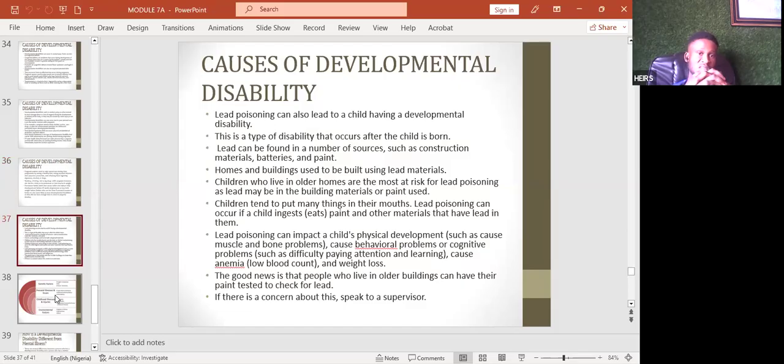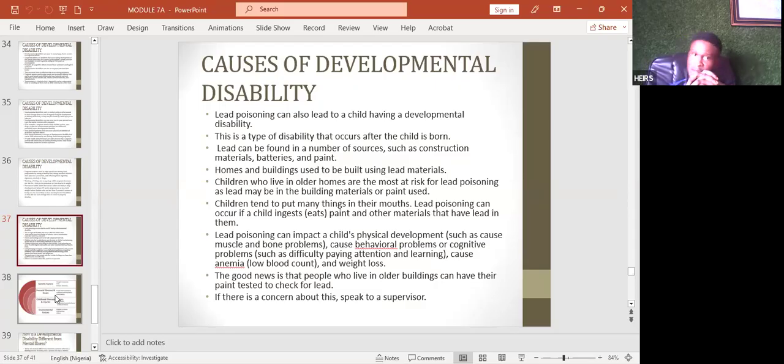And this type of disability occurs after the child is born. So lead can be found in a number of sources, such as construction materials, batteries, and paint.